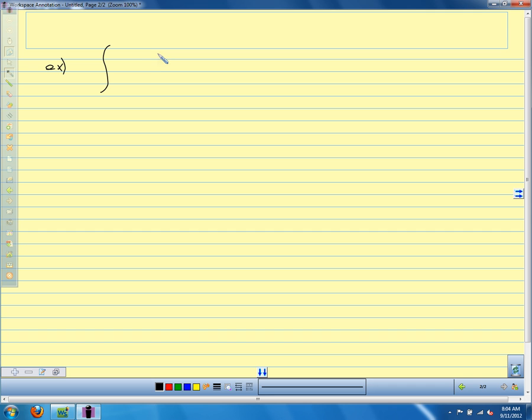So let's look at the integral of x over 1 minus e to the minus x squared dx. Yeah, e to the minus x squared. So this looks like it could be a u substitution with u equals minus x squared.